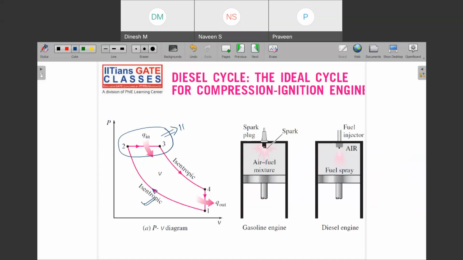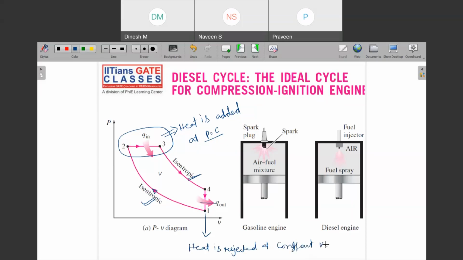So heat is added at pressure equal to constant, and then again you have isentropic expansion, and then heat rejection. Heat is rejected at constant volume.